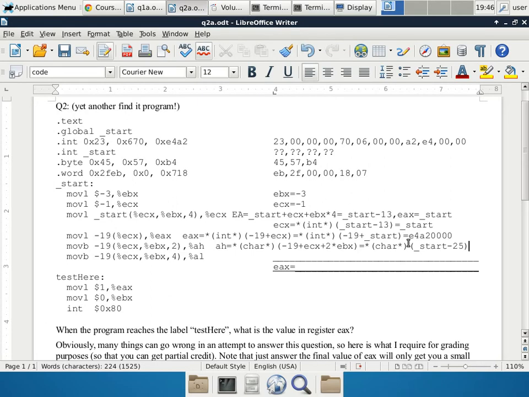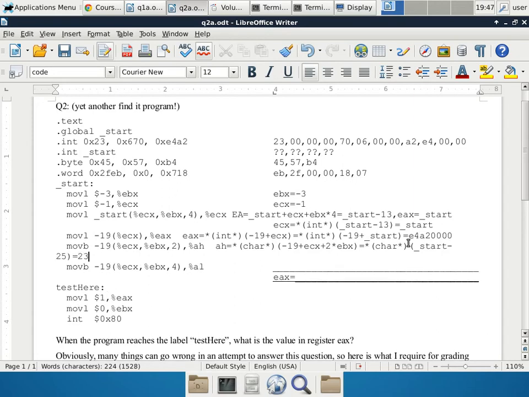So if you look at this picture here, we have -19, 20, 21, 22, 23, 24, 25. So this one is at _start minus 25. I'm not prefixing everything with _start because otherwise it will take a lot of time right now. So it'll be the 2-3 byte that is loaded.